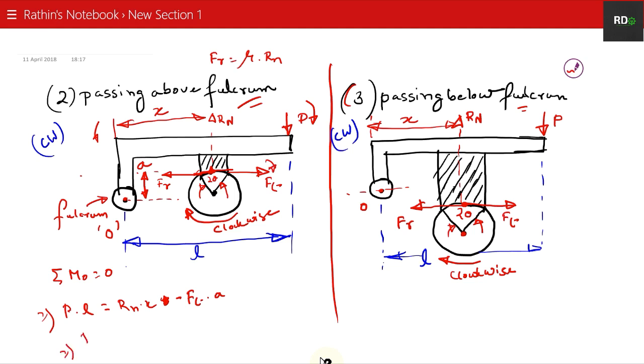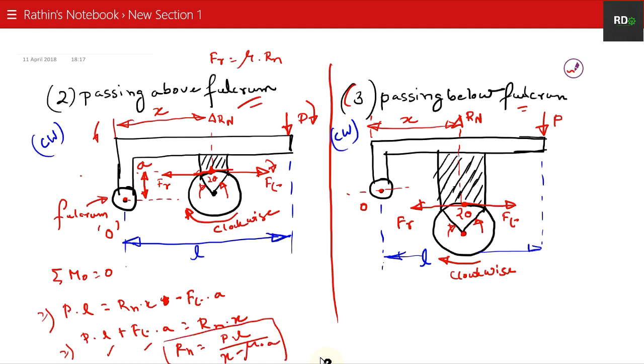So it will actually be PL plus Ft into A equal to Rn into X. These two are clockwise moments, and this one is the anti-clockwise moment. So Rn will be nothing but PL into X. Sorry, Rn will be P into L by X minus mu into A.